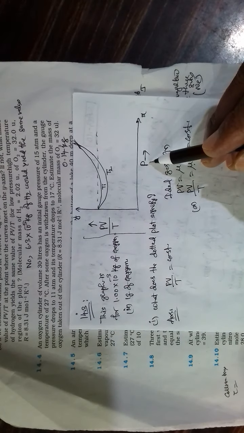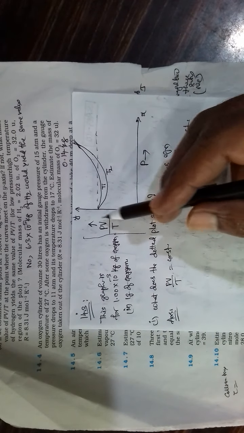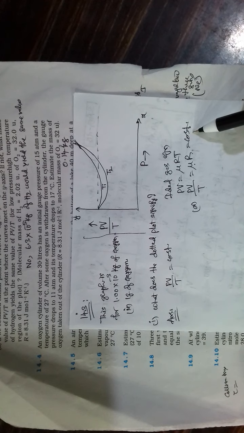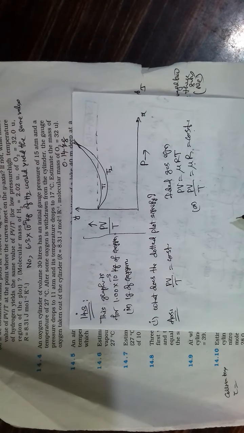So, in this graph, on the x-axis pressure is taken and on the y-axis PV by T is taken and the dotted line is horizontal. The height is neither increasing nor decreasing. The height is constant means PV by T is constant. PV by T is constant means this is in accordance with the ideal gas equation.